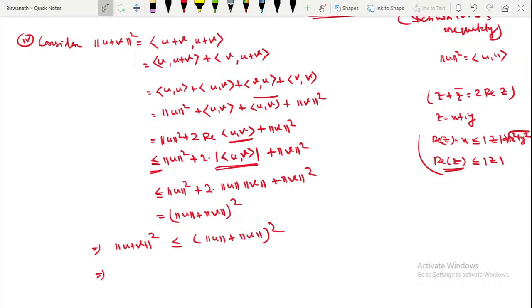So if you take the square root of both sides, what you will get? Norm of u plus v is less than or equal to norm u plus norm v. Okay, this is the triangle inequality. This is proved. Okay, today is only this much. Thank you.